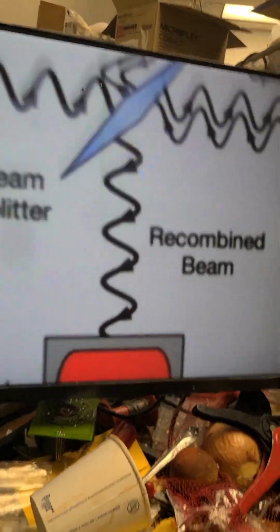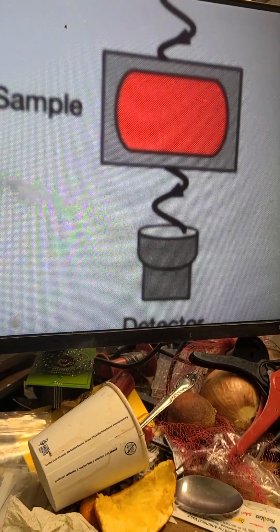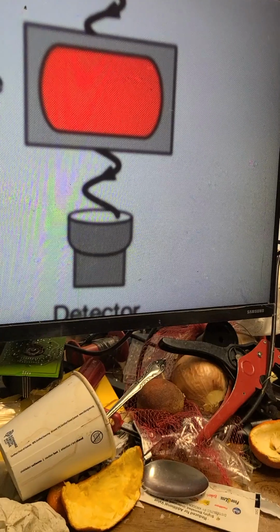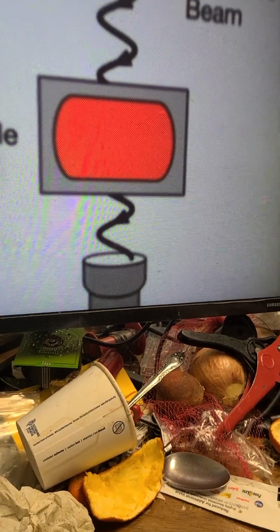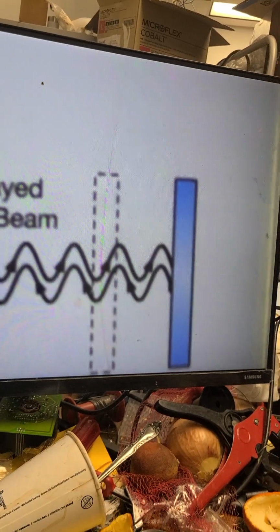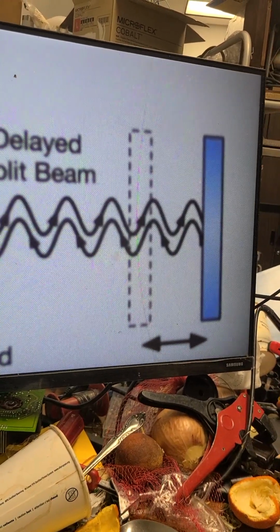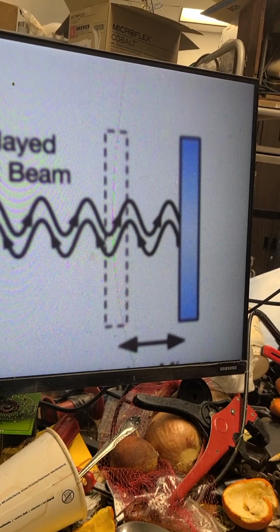They'll all get bright and dim at the same time across your detector, as if it was all coherent, because you're keeping that mirror very precisely vertical, so the spots remain combined.